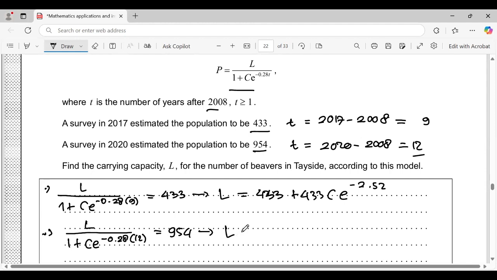And we can rearrange this equation, it becomes L equals 954 plus 954 C e to the power minus 3.36.